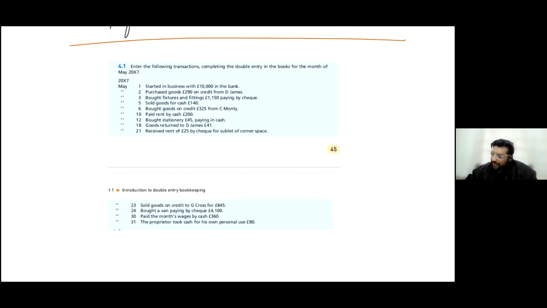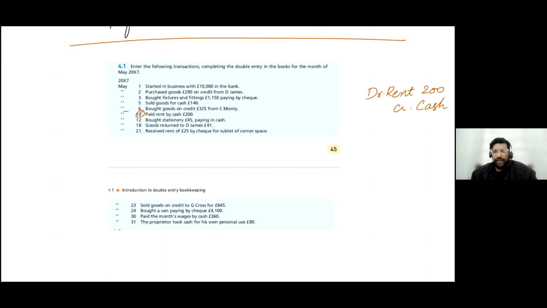Now, look at this entry. Paid rent by cash. Rent is an expense, so debit rent 200, and credit cash, because we're paying it by cash, and cash is decreasing, so that would be credit.